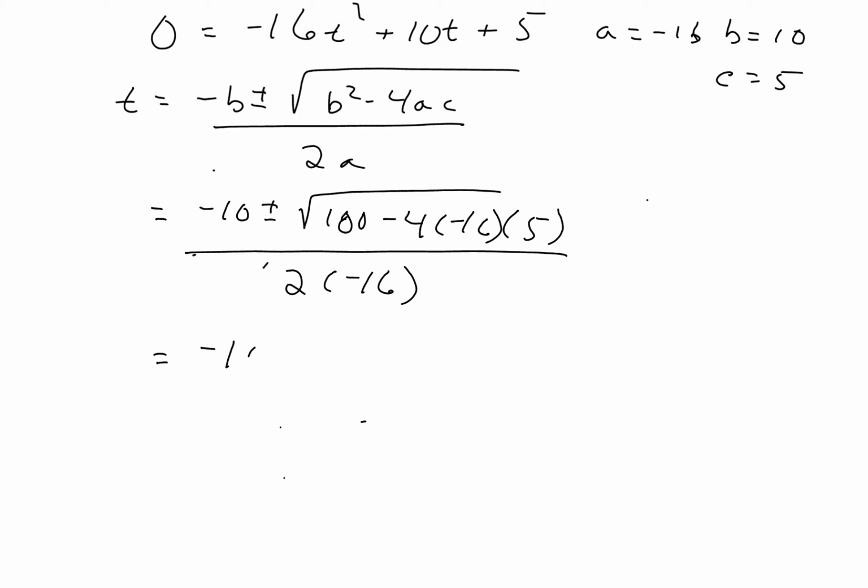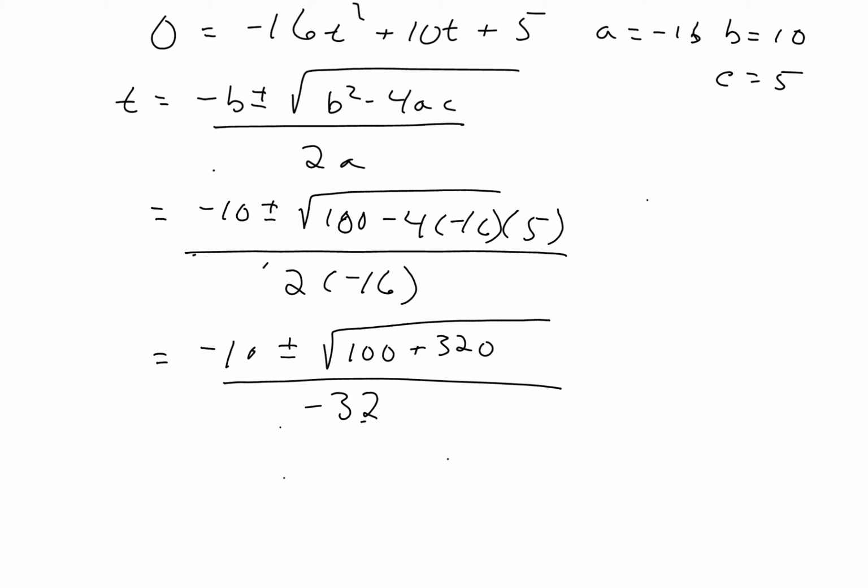So that equals negative 10 plus or minus radical 100. 4 times 16 times 5 is 320, and there's two negatives there, so I'm going to add it, all over negative 32.